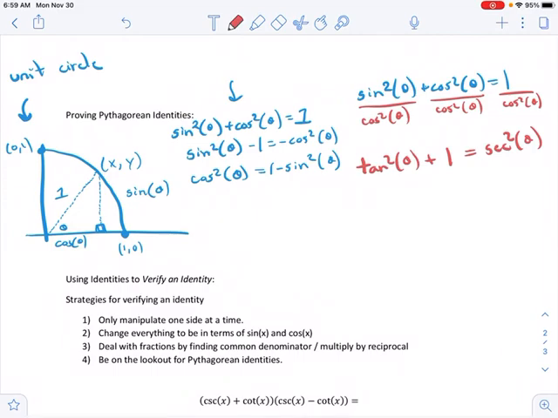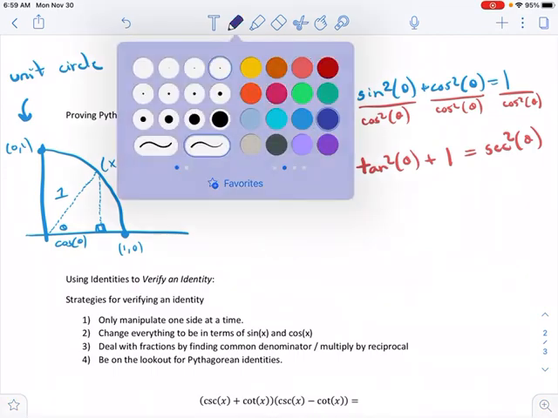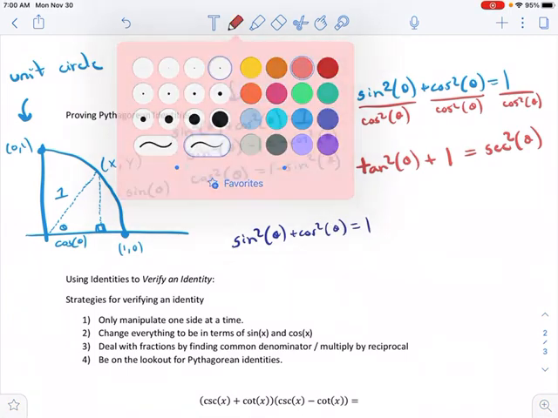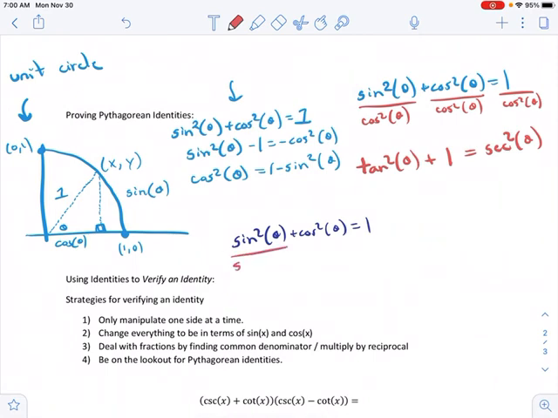If I start in that same initial spot here, which is sine squared theta plus cosine squared theta equals 1, and then I divide each by sine squared theta this time, then I can also see, okay, this is going to be 1.